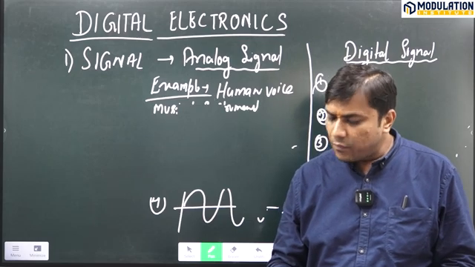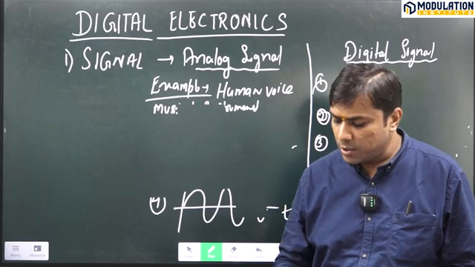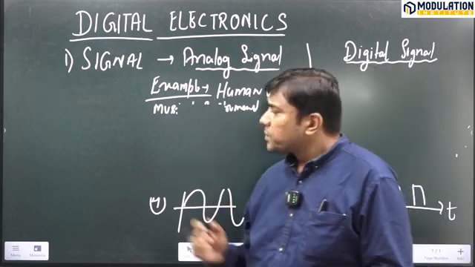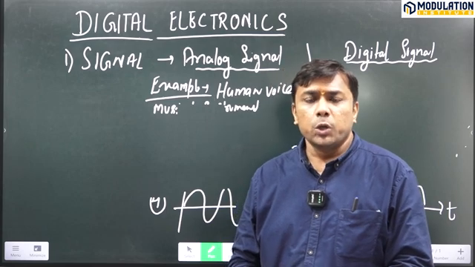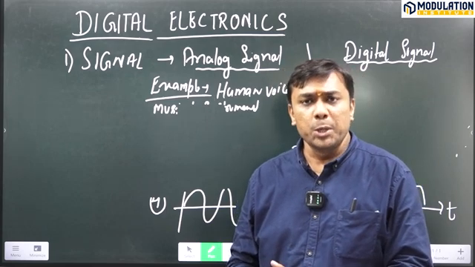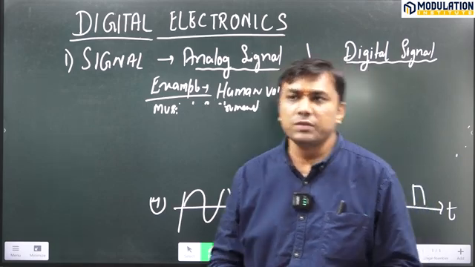What is system and what are the types of system that we have to study for the examinations. From here, some questions are asked in your competitive examinations or in the LEET examinations, that what are the examples of analog signals and what are the examples of digital signals.